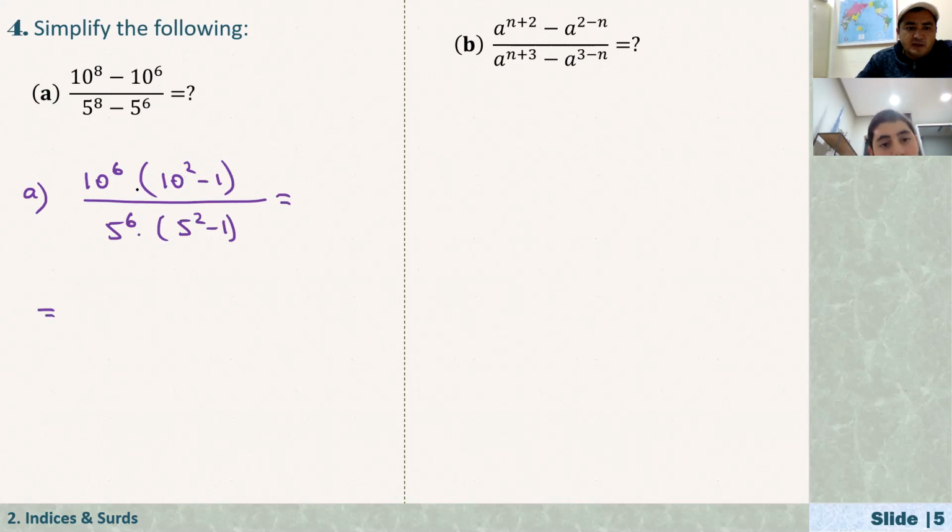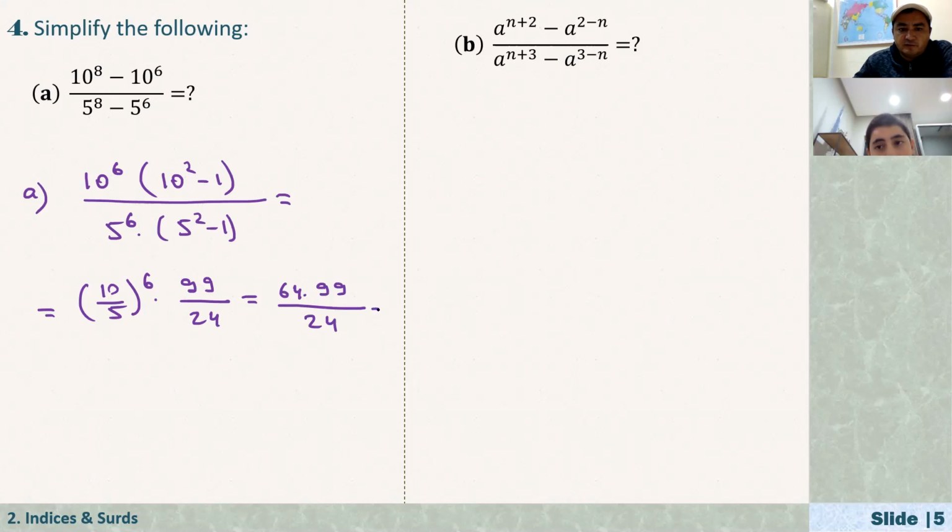The exponents are the same, so we can write it as 10 over 5 to the power of 6. And this one is 99 over 24, which is equal to 2 to the power of 6, right? So here we have 2 to the power of 6, that is 64. 64 times 99 over 24. Then if you simplify, divide by 8, here we have 8, divide by 3, 33. That's equal to 264.